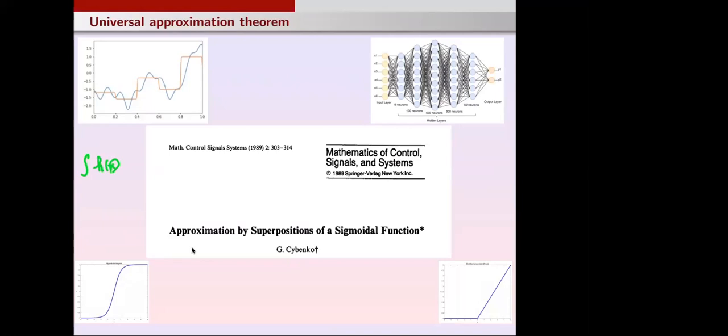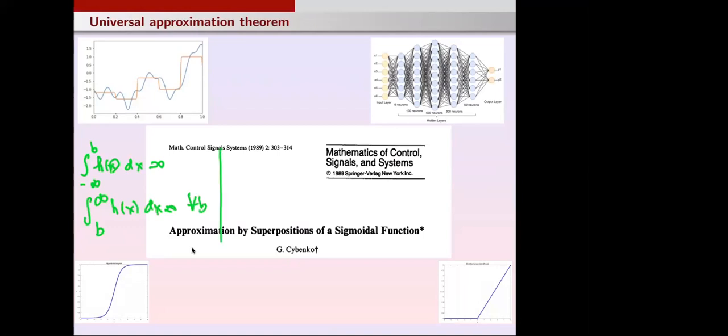This means that the integral of h from minus infinity to b and from b to infinity will always be 0 for every b.